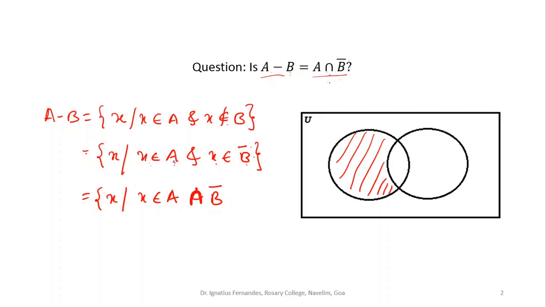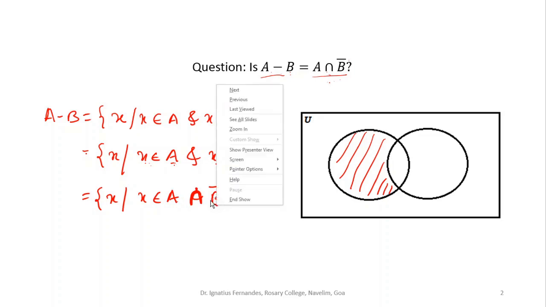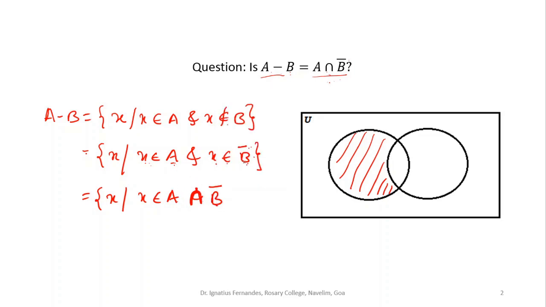Because x is in A and x is in B complement as well, that means x is a common element in A and B complement. And what are the common elements in A and B complement? Those are the elements which are in the intersection, so they are the elements in A intersection B complement. So we are collecting all x such that x is in A intersection B complement.